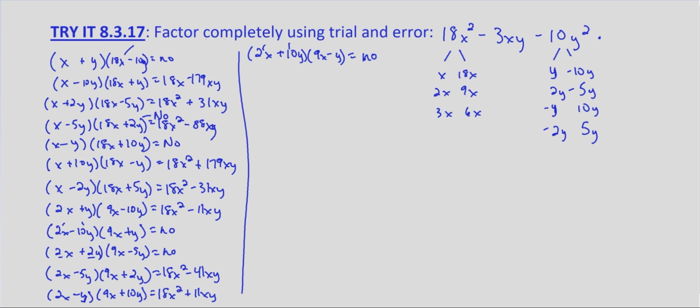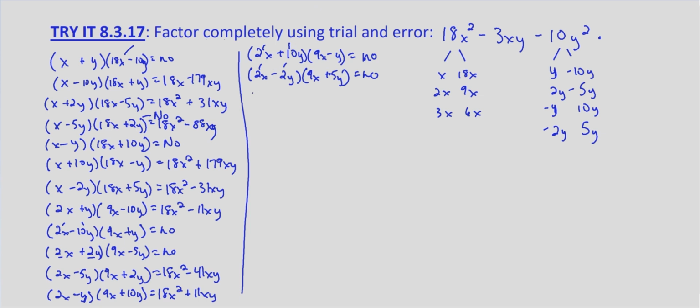So now we'll go on to the fourth row again. For our factors of our last term, we end up with 2x minus 2y. We already know that's going to be a no. And then 9x plus 5y. We know that's a no because we have the 2 and the 2.